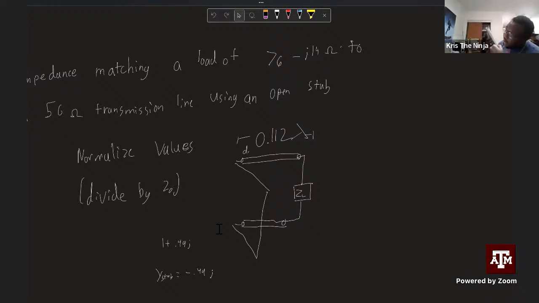That gives us 0.345 or 346, something like that. So then we do the distance from 0.346 to 0.14. And that gives us a lambda of 0.206 lambda.